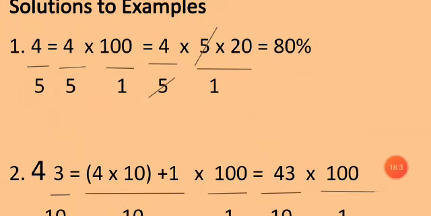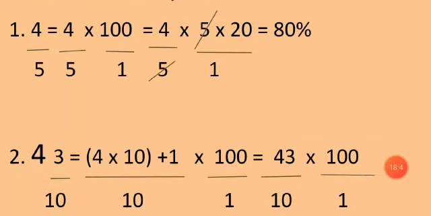So I present 100 as a multiple of 5. So I have 4 over 5 times 5 times 20 over 1. 5 divides 5. I am left with 4 times 20 at the numerator, and at the denominator I'm left with 1 times 1. So 4 times 20 is 80%.